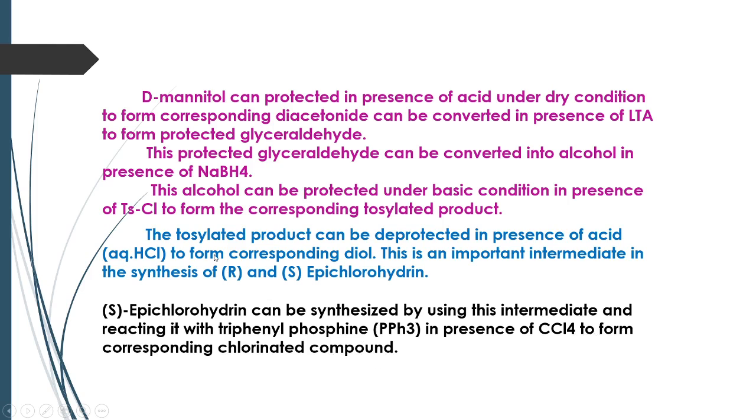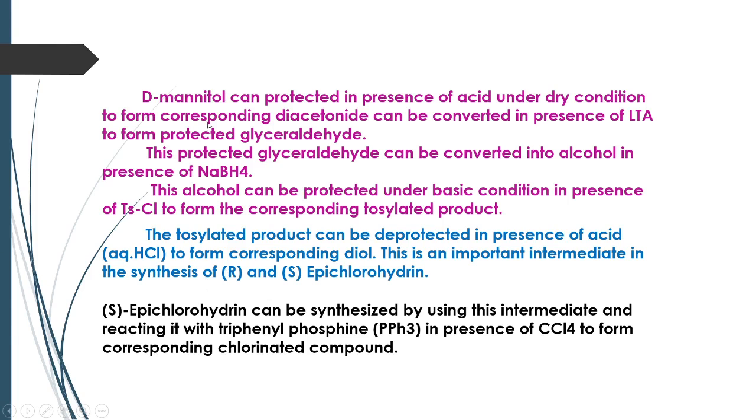Means the intermediate steps in both R and S-epichlorohydrin are the same, but the last step for S-epichlorohydrin is something different. Here we use the reagent triphenyl phosphine in presence of CCl4. This is the Appel reaction, and we got the corresponding chlorinated product.